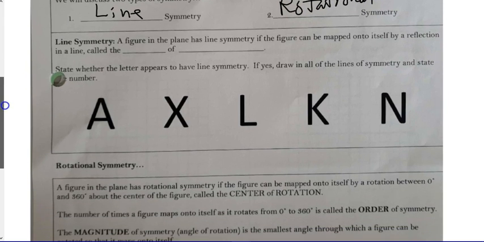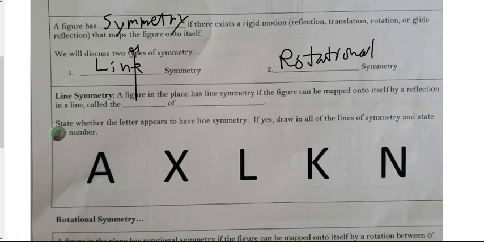Now, line symmetry: a figure in the plane has line symmetry if that figure can be mapped onto itself by a reflection in a line called the axis of symmetry. All right.